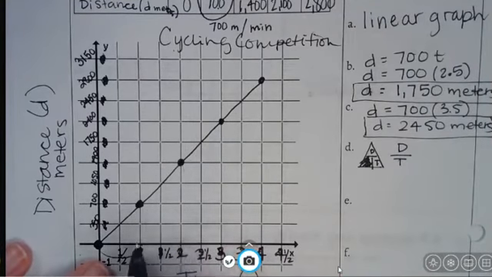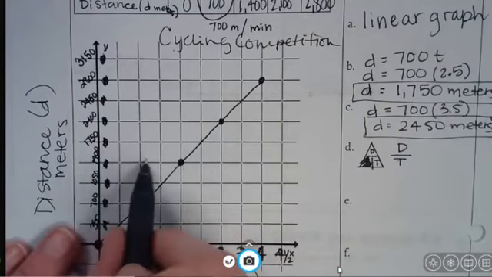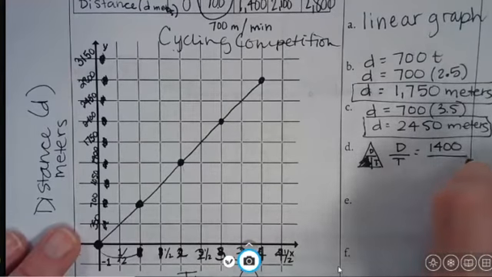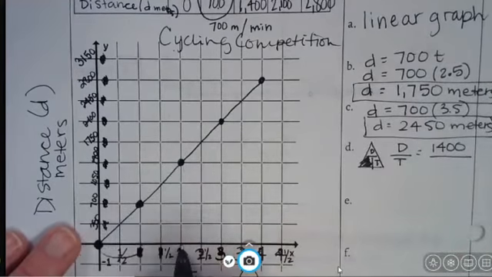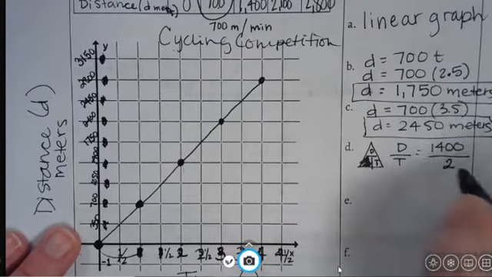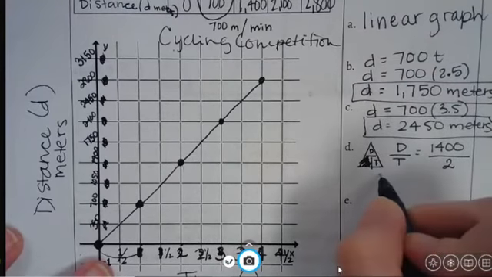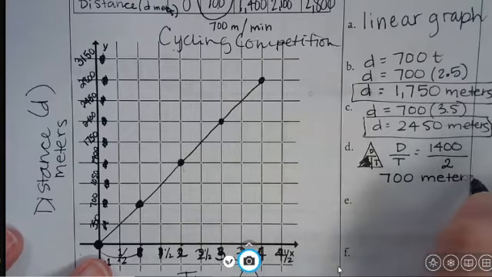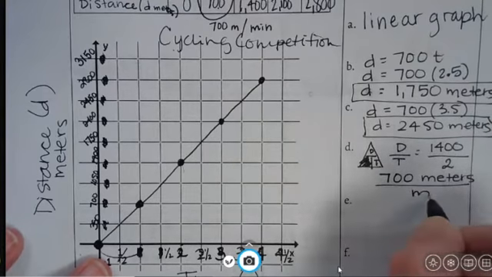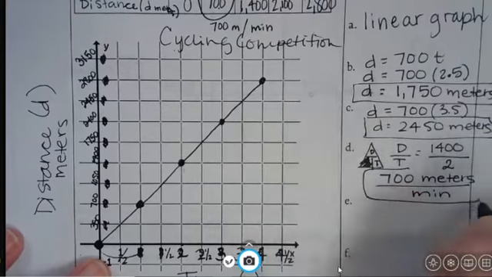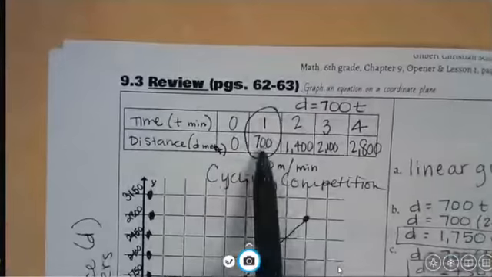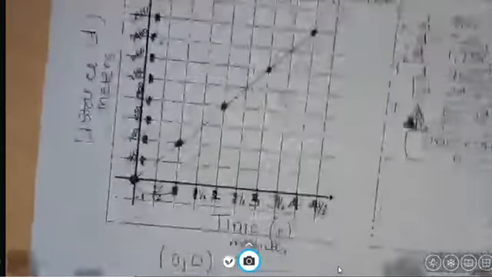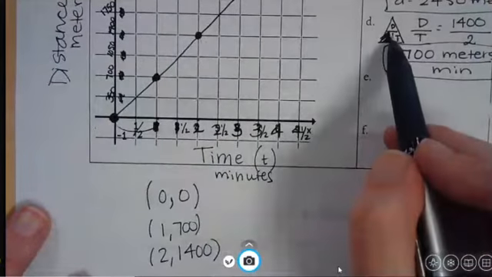And I can take the distance, so like 1,400, divided by the time for that same dot right there, which is 2. So 1,400 divided by 2 is 700 meters per minute, which you'll see in your chart. You already have your unit rate, so you could have just gone straight to your unit rate for the speed. But it's always good to know that you can use your speed formula as well.